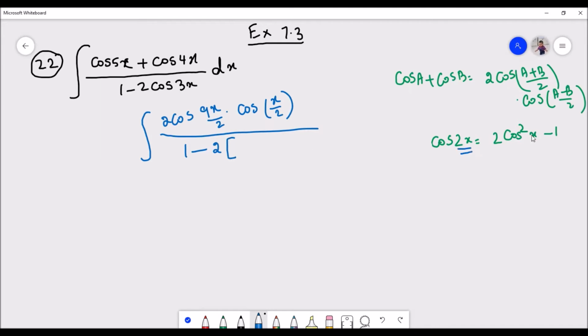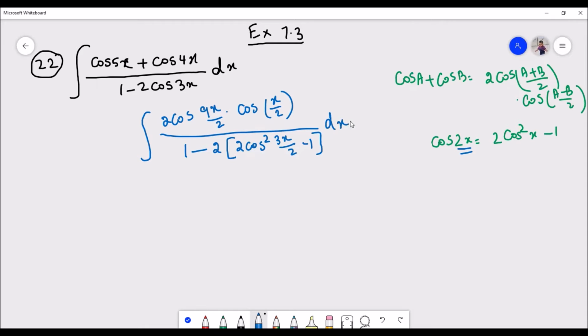Cos 2x is 2 cos square x minus 1. This is a submultiple angle formula, so the angle is reduced by 2. For cos 3x, we will write 2 cos square of 3x by 2 minus 1.